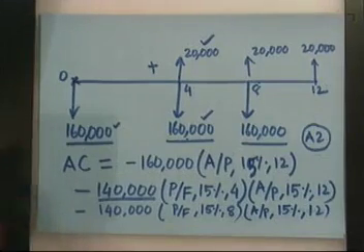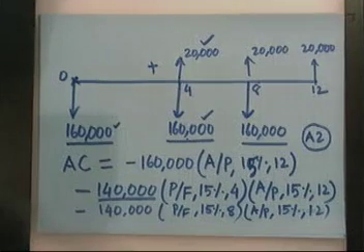Here again what I have done? At the end of year 8, whatever is the resultant value, first I am bringing it to time t is equal to 0, and then I am annualizing it using the factor A given P at 15% interest rate for n is equal to 12.